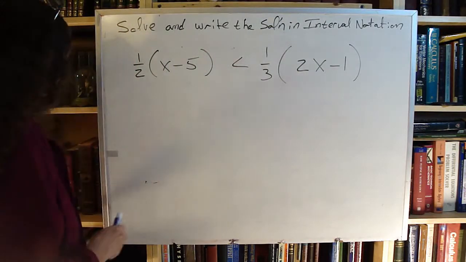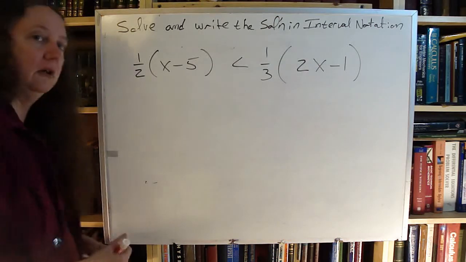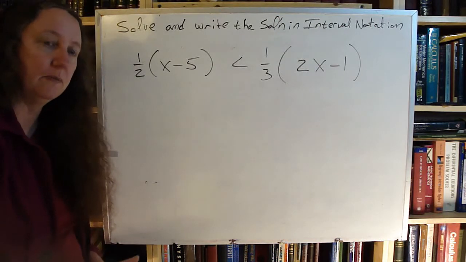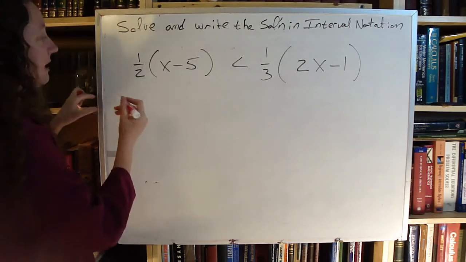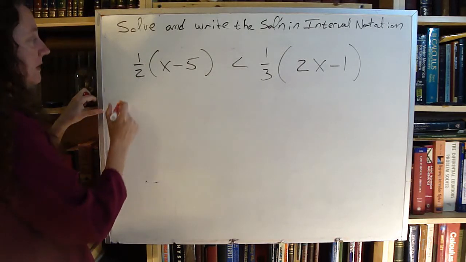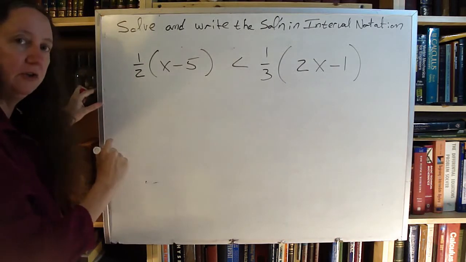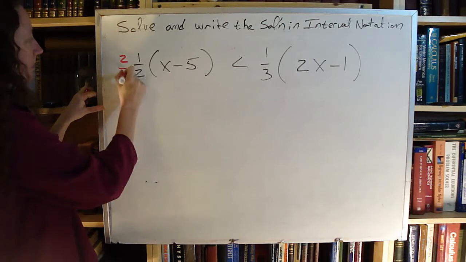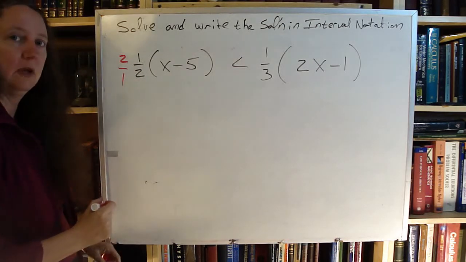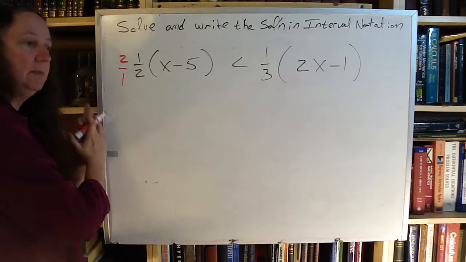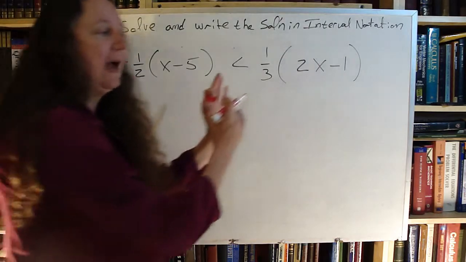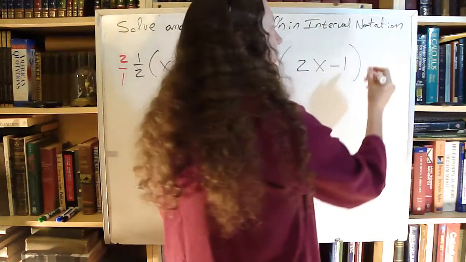So the first thing I want to do here is get rid of these fractions. To get rid of the fraction over here, the 1/2, I am going to multiply by the reciprocal. What I do to change the problem on one side, I have to do exactly the same thing on the other side.